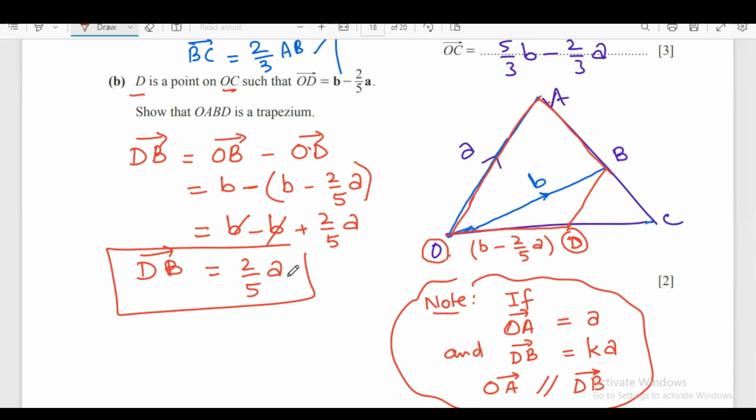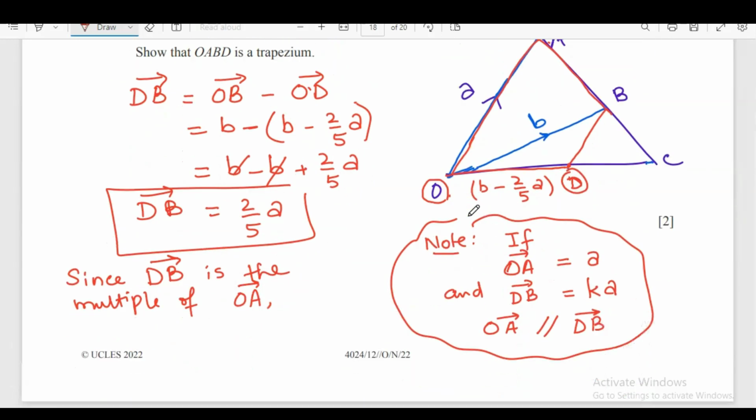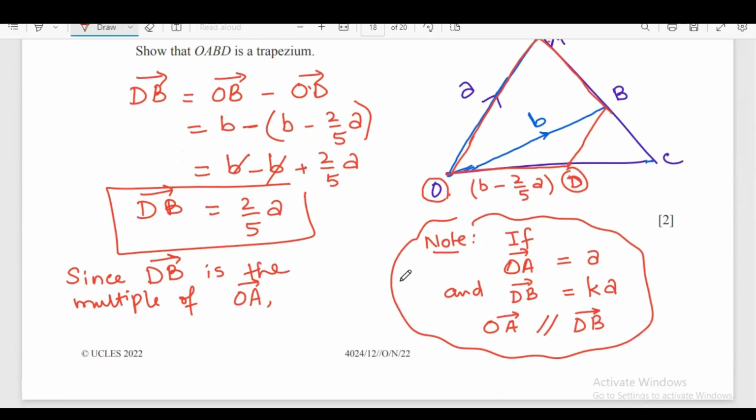So we can say that since vector DB is a multiple of vector OA, these are parallel.